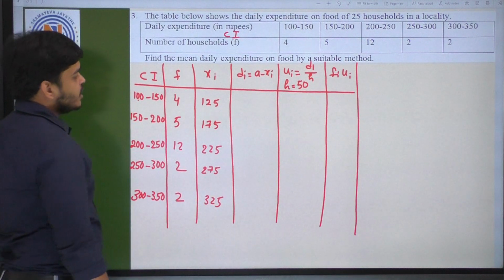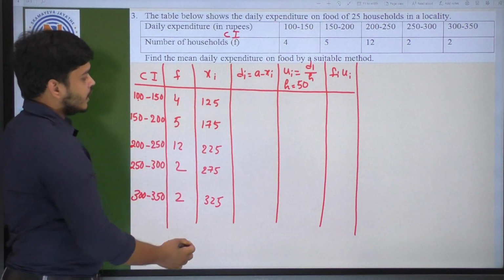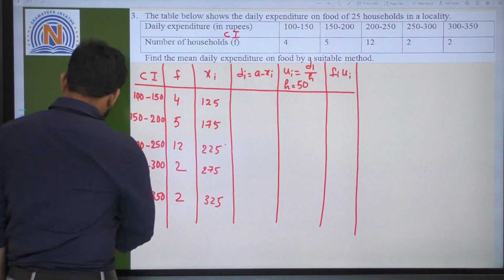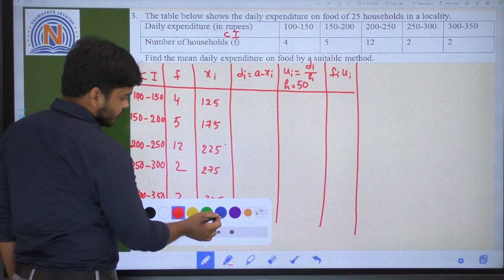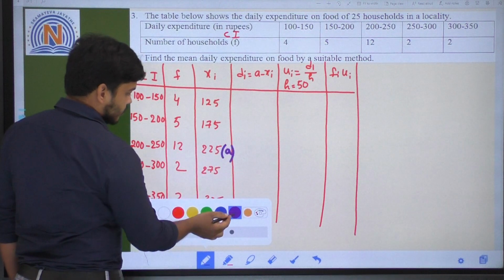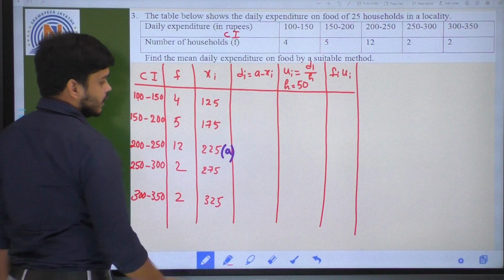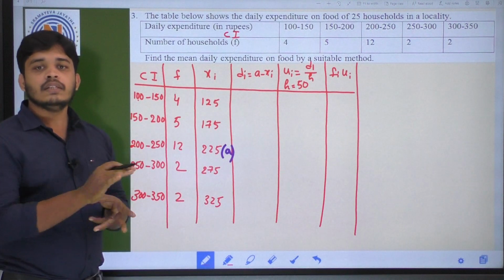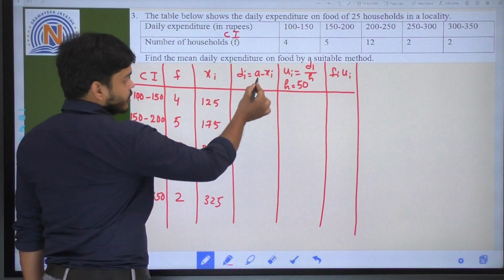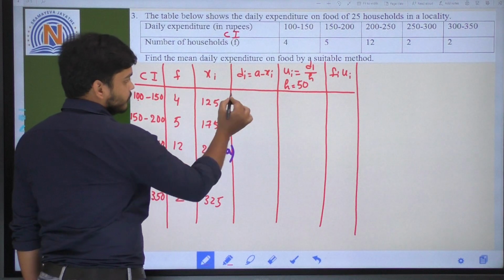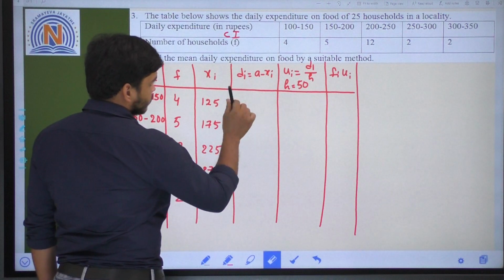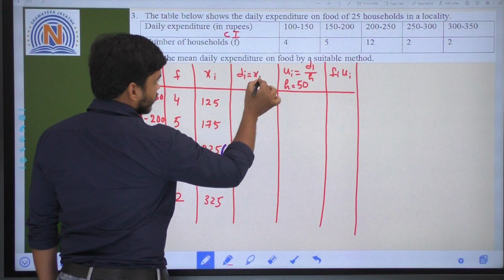I am assuming one value among the mid values of the class intervals as a. So I am taking 225 as a, the assumed mean. Now di equals xi minus a.